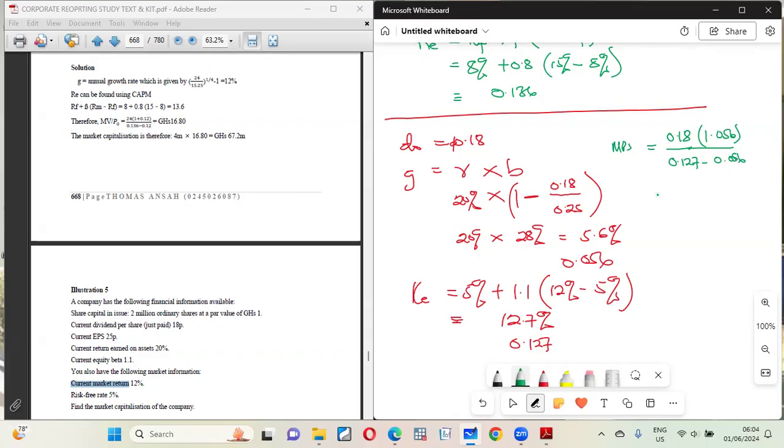So you do it and you find the price per share. Then you multiply it by the number of shares in issue. So you may have here 0.19008. Please, you can punch it directly on your calculator and write the answer to speed things up, because time is of the essence in the exam.